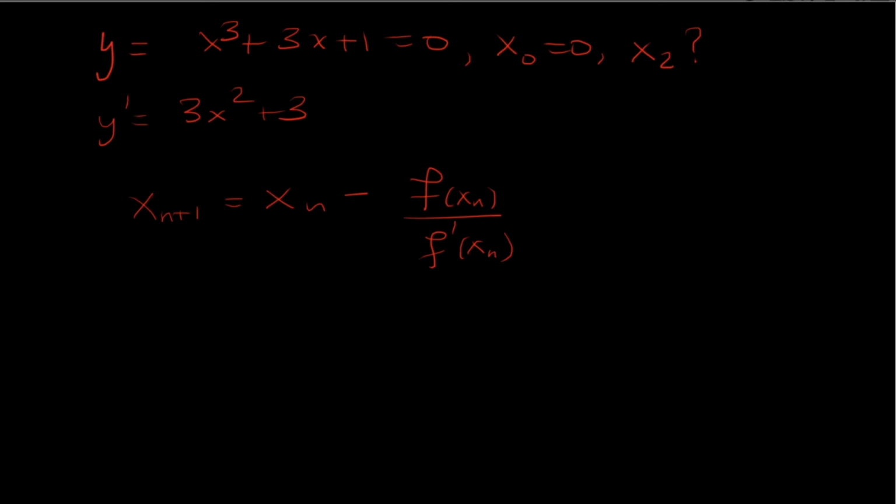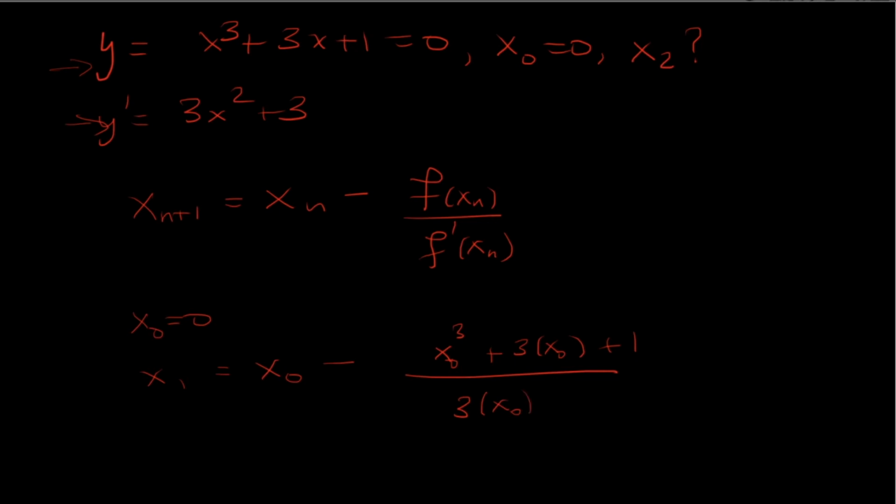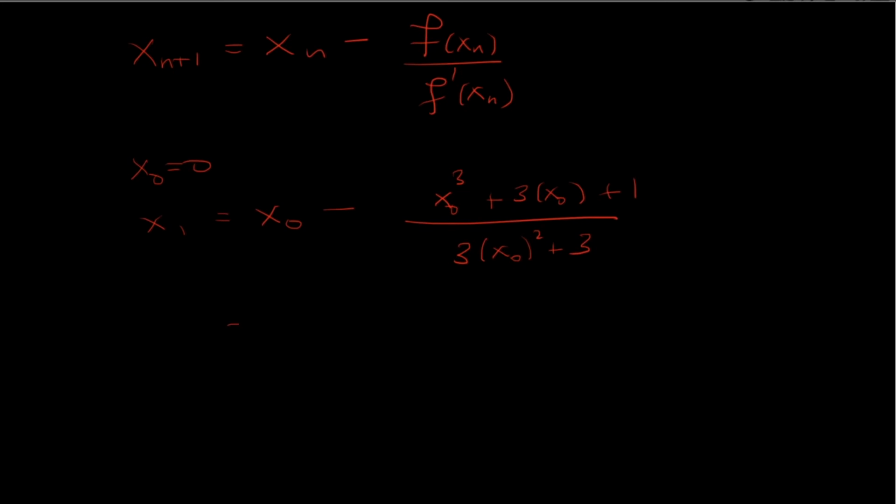Okay, so in our case, we just have to plug x sub n inside both functions. So if x sub 0 is 0, x sub 1 will be x sub 0 minus x0 cubed plus 3 times x0 plus 1 over 3 times x0 squared plus 3. We're going to plug in 0 for x0, and we get negative 1/3 is x1.